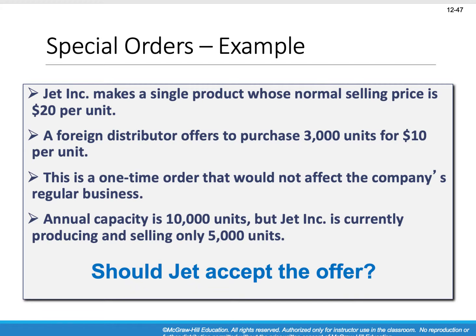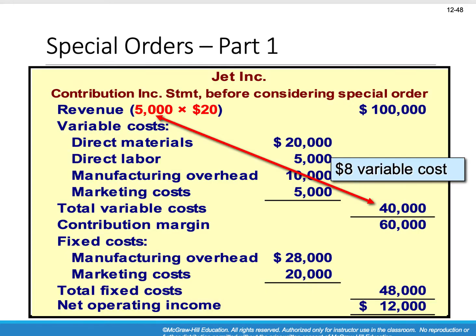Well, let's think about it and let's do some differential analysis. Okay, so the first thing we need to do is look at our cost structure before we even think about accepting this special order. Notice our revenue, right? We sell 5,000 units at 20 bucks a pop. Well, it gives us 100,000.